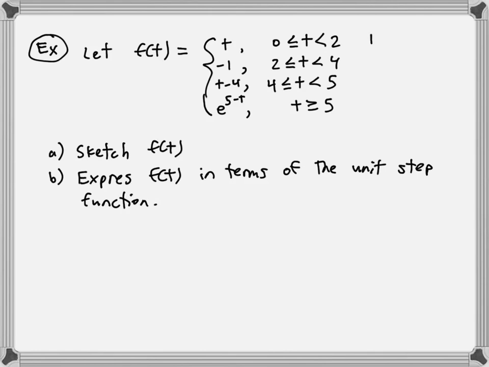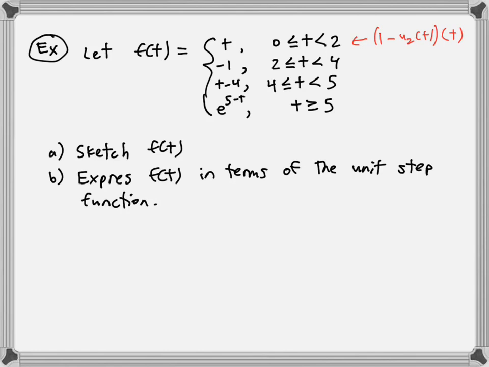So turn it on from the beginning, and then turn it off at 2, and the function that we're doing this to is t. Let me do this in red so we can see it a little better, okay? So again, we're doing 1 minus u2 of t, and we're doing this to the function t.